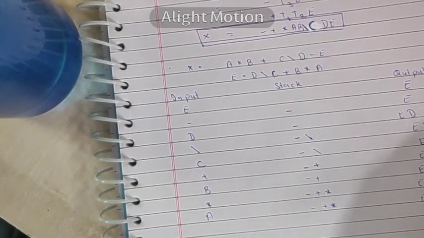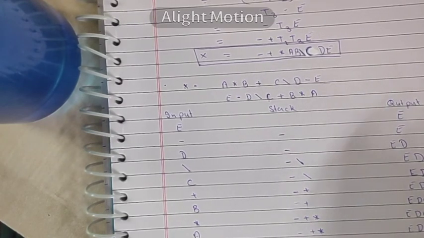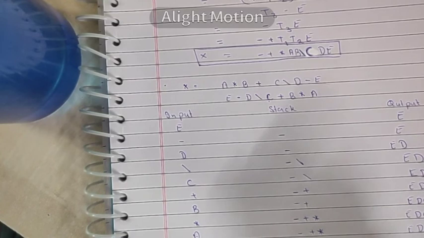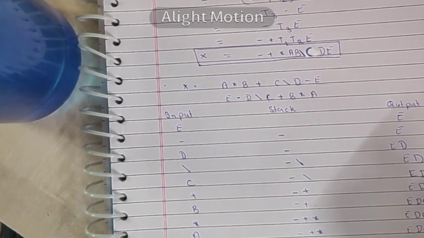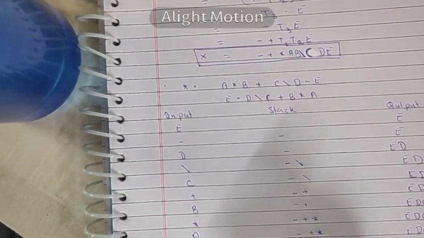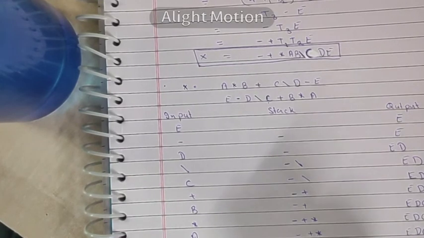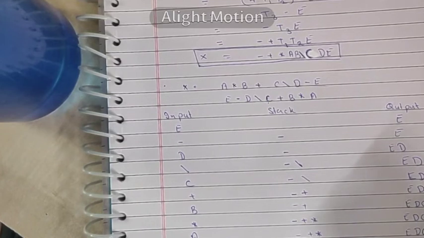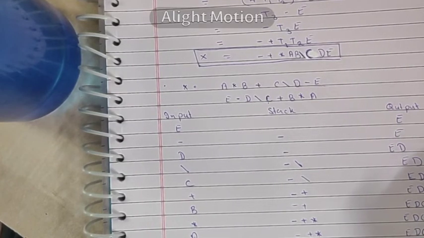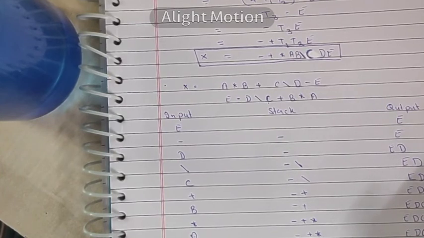Now since the inputs are over, we will just empty the whole stack in 3 steps. First we pop out star, it would be E D C B A star, then we pop out plus, and then we finally pop out minus, and we'll have the expression as E D C B A star plus minus.